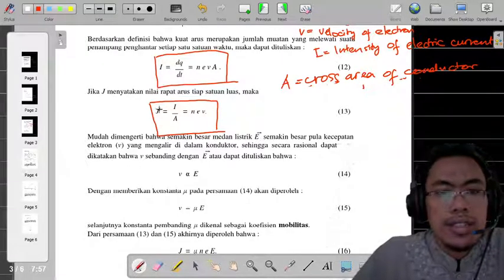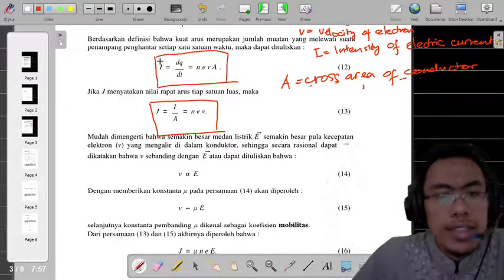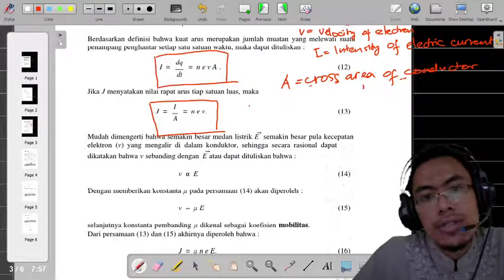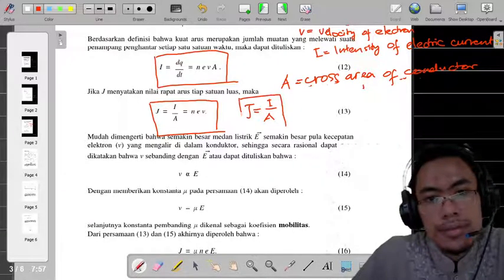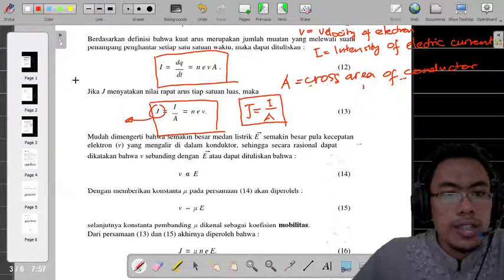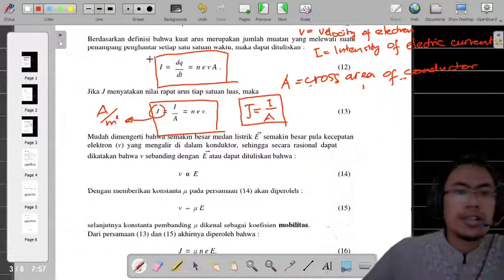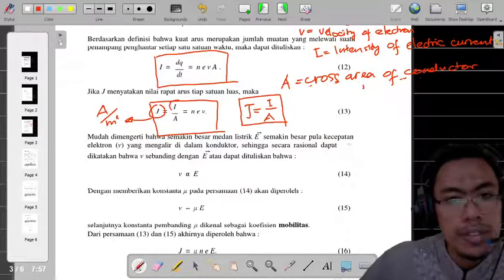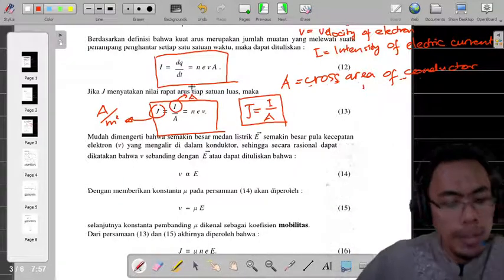The value of J can be obtained from value of I divided by A. So J equals I per A. And the unit of this one is A per meter square. For this one, it is A for ampere. This one is meter square.